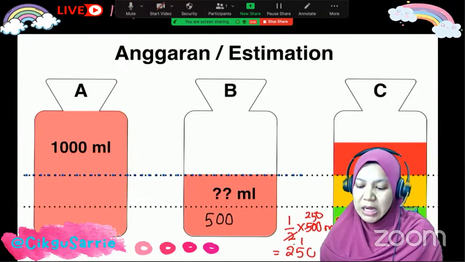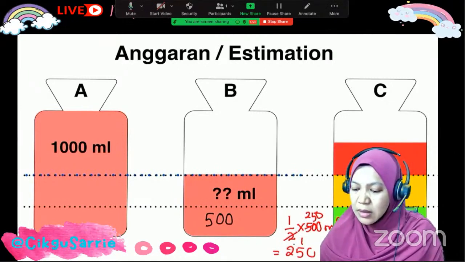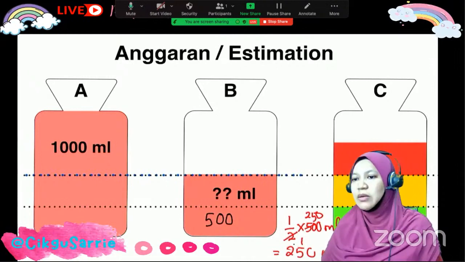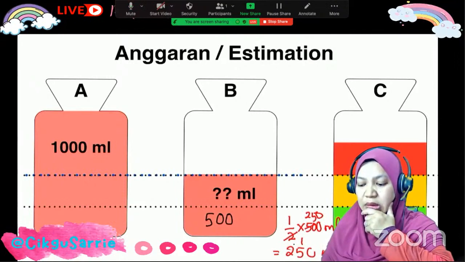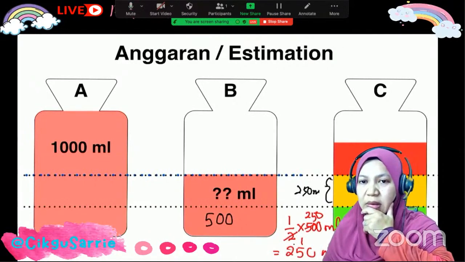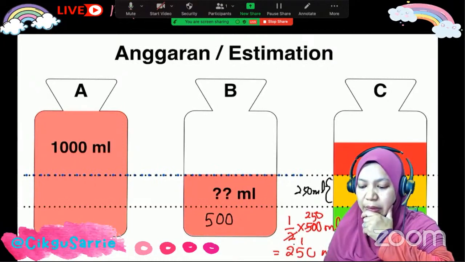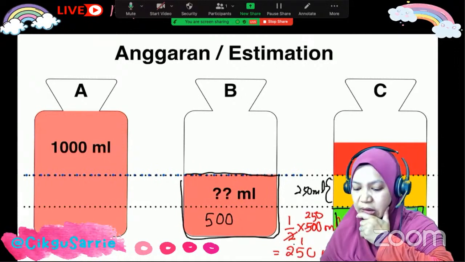As we mentioned before, this part, you see the green one, is 250. So here also 250 ml. Why? Because the green part is half of tank B. So half here.